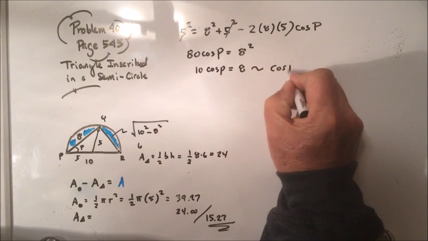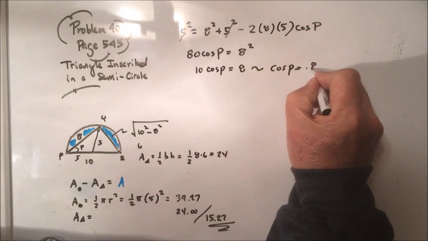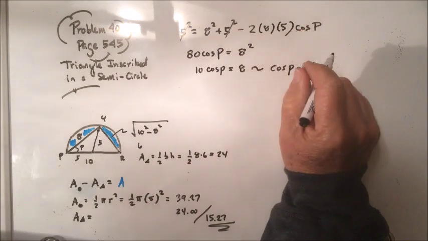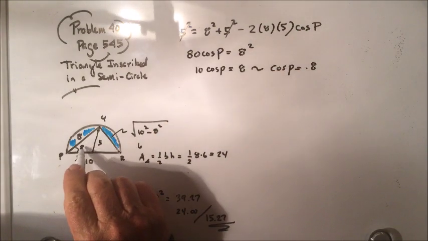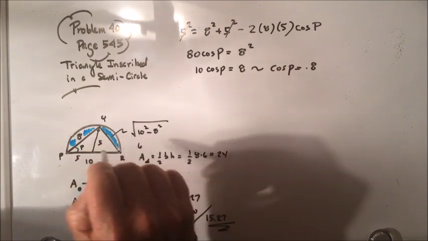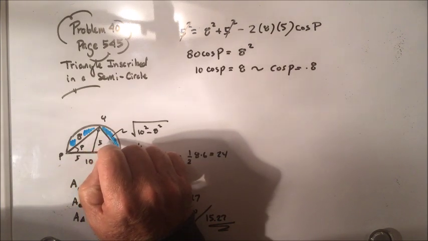So cosine P is equal to 0.8. Let me leave that for a moment before calculating P, because now that I know P, and I know this side and that side, I'm going to know that side.